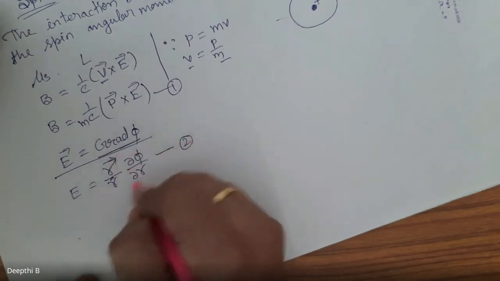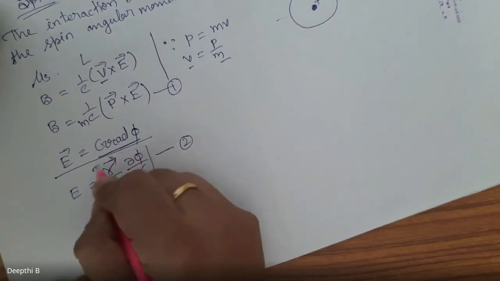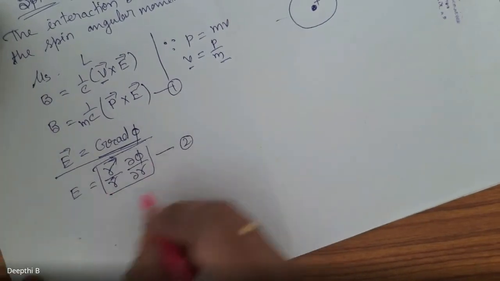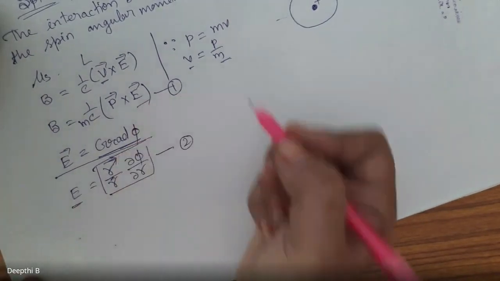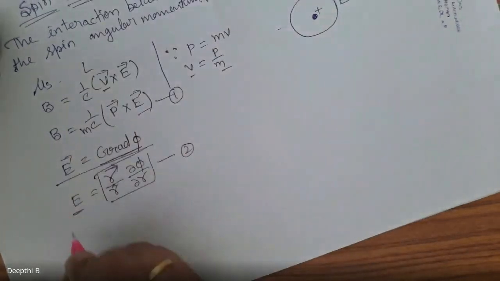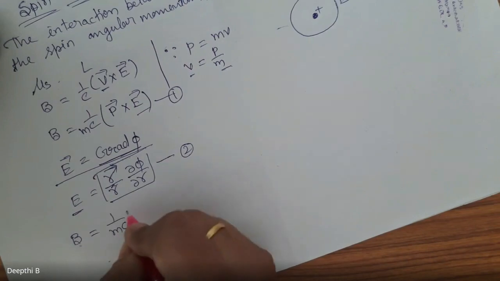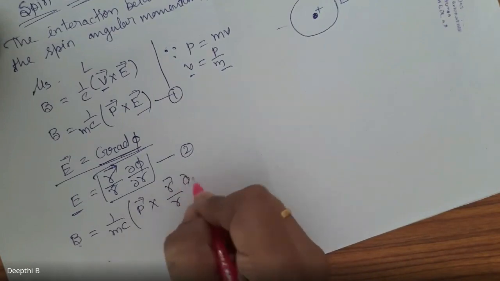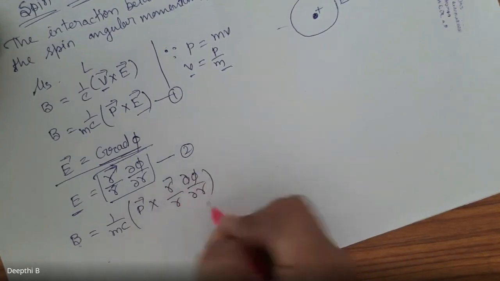This is grad phi. Now from equations 1 and 2, we put the E value in equation 1. So B is equal to 1 by mc into p cross r by r, dou phi by dou r.